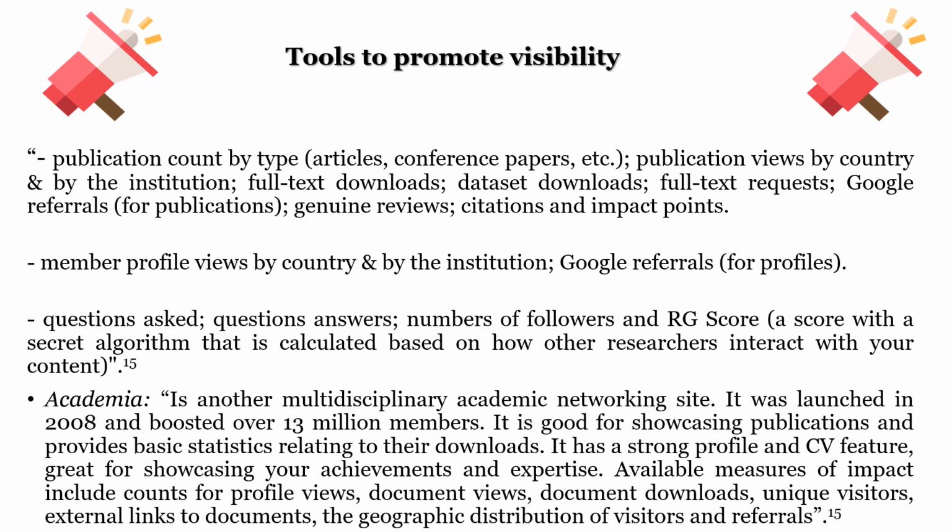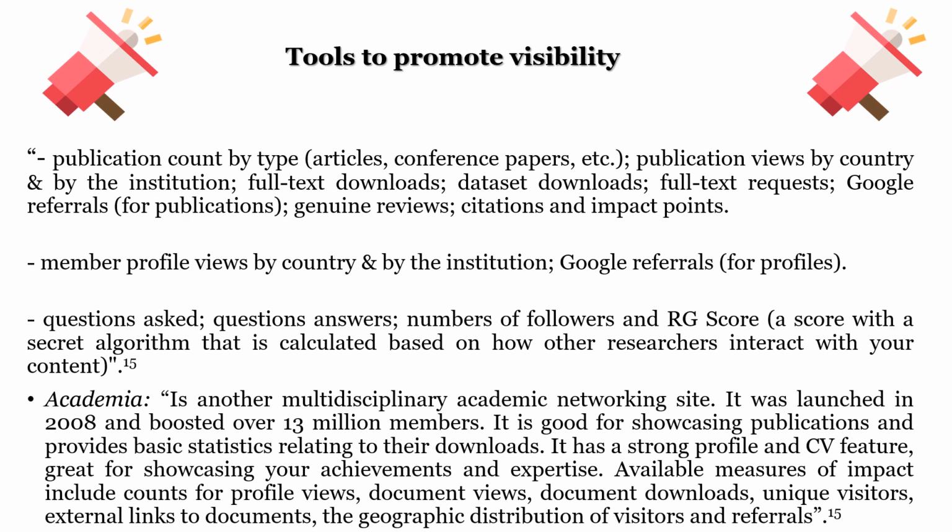Also, the member profile views by country and by institutions, Google referrals for profiles, questions asked, question answers, number of followers, and the ResearchGate score, a score with a secret algorithm that is calculated based on how other researchers interact with your content.